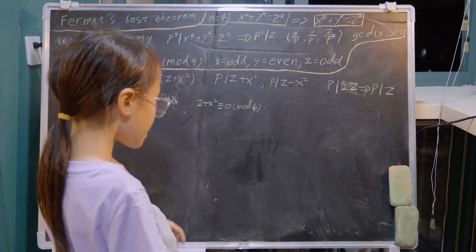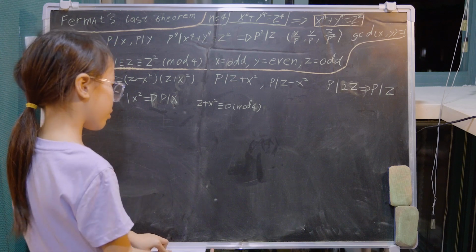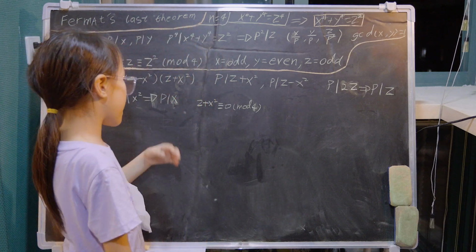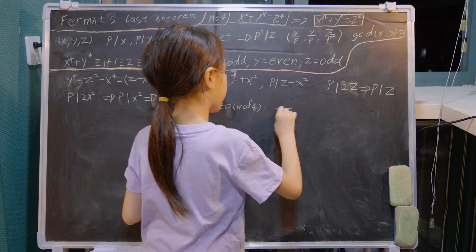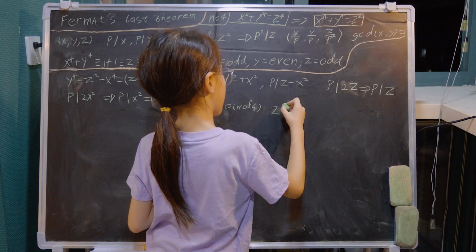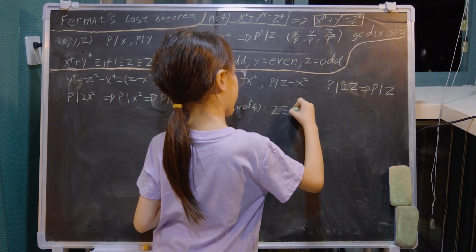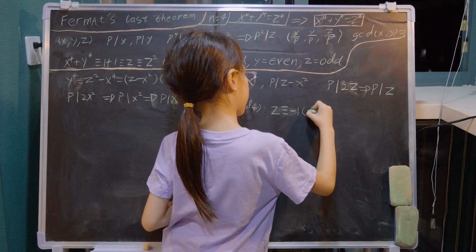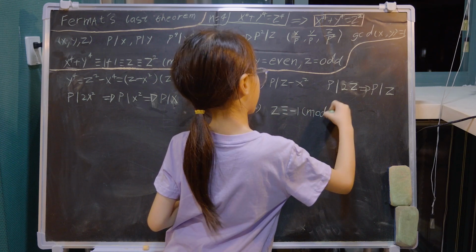So that means z is congruent to -1 mod 4.